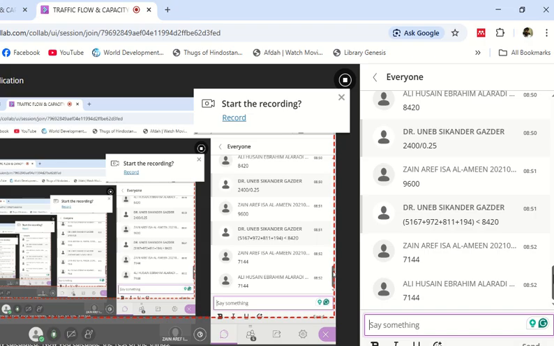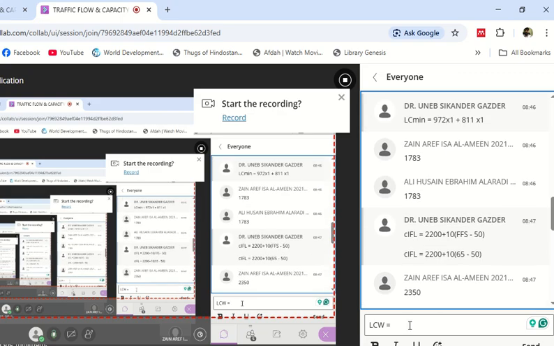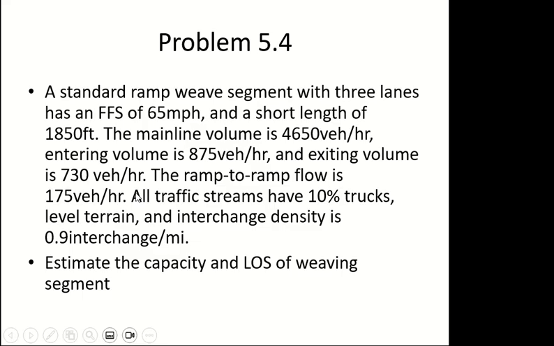For SEW, I need the minimum, which was 1783 plus 0.3950 minus 300, into, I have 4 lanes, 4 squared, interchange density is given as 0.9 interchanges.